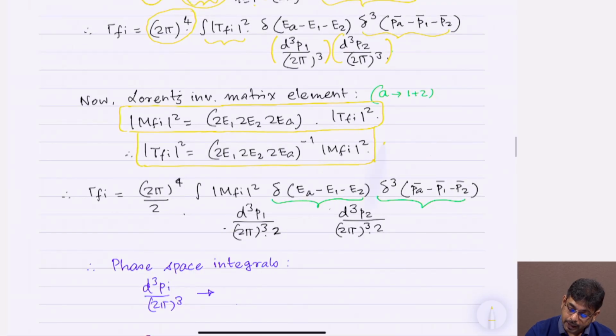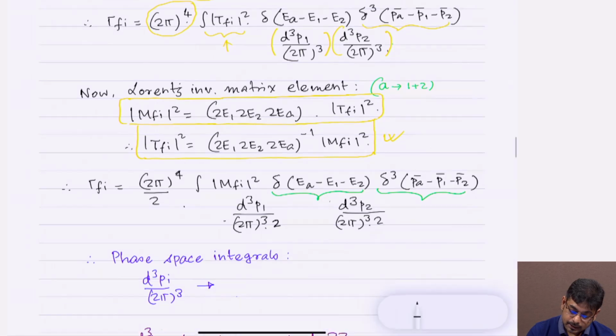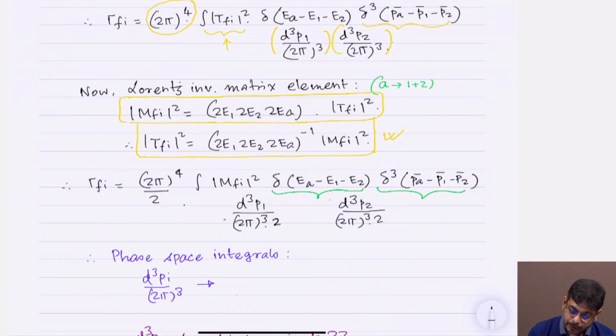Now, I am going to put this equation back into the expression of Gamma_fi. I had this expression of (2 pi) to the power 4, but now there is a factor of 1 by 2EA which comes out of the integral, because my integral is essentially on the final state particles' momentum.